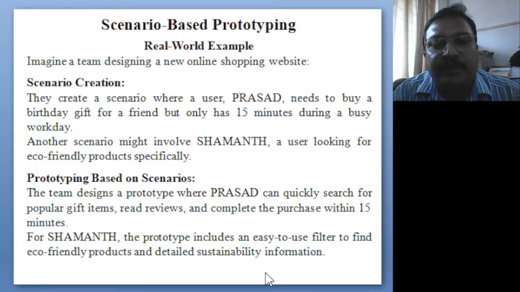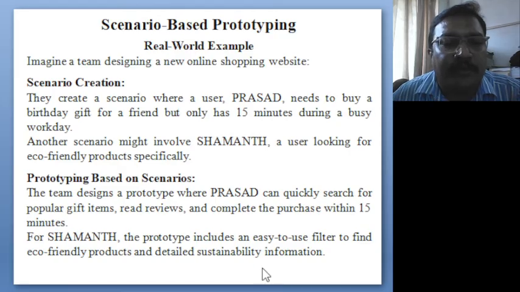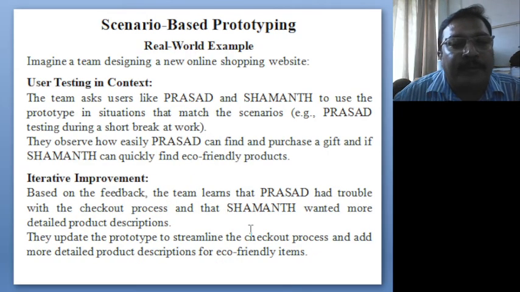The reviews should be available and I should complete the purchasing procedure also, so that everything is completed. A prototype has to be made accordingly. And for Shamant, the prototype includes an easy to use filter to find eco-friendly products and detailed sustainability information. So for the second scenario, a prototype has to be made accordingly.